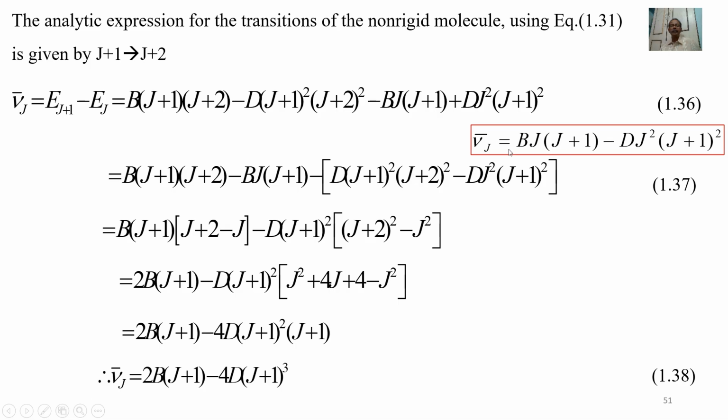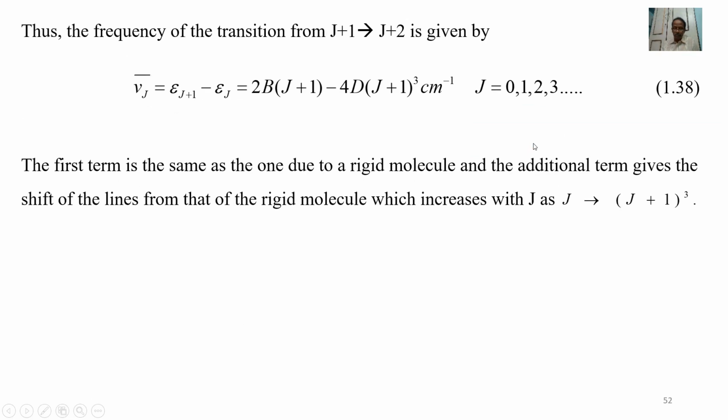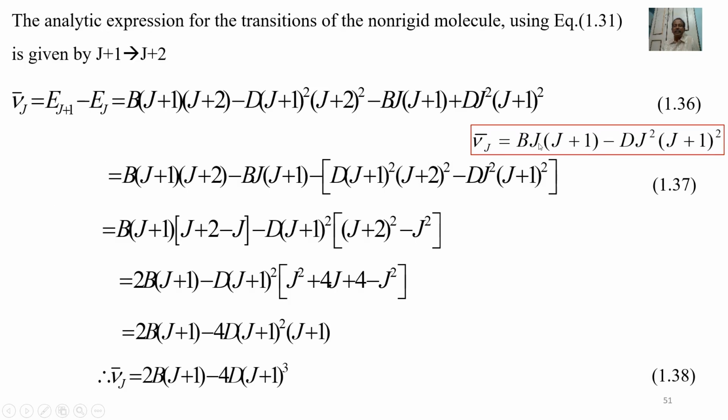Now we have to find out the separation, that is the absorption line. So this is nothing but the J plus 2 level minus the J plus 1 level. So B J plus 1, wherever you find the J, you substitute J plus 1, so J plus 1 becomes J plus 2.